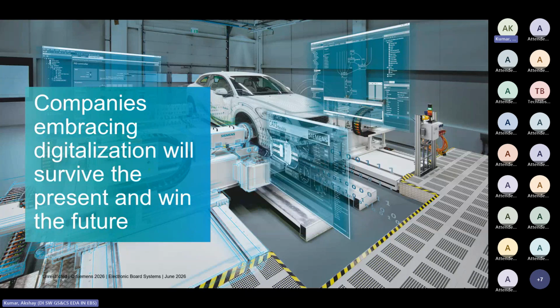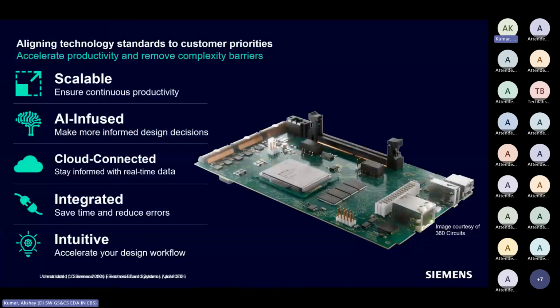Now, in order to do that, the technology should be sufficient to have five different pillars, right? The first one I could say is scalable. So when you start to work today, of course, you are not going to limit your work only to what you're doing today. You have to scale your product.